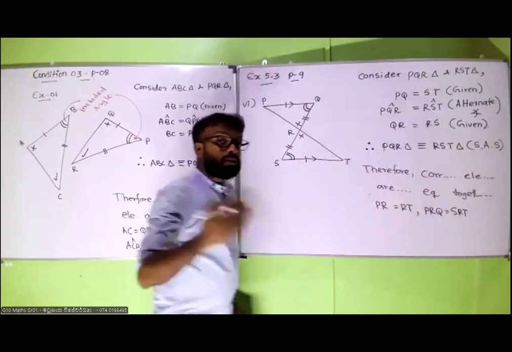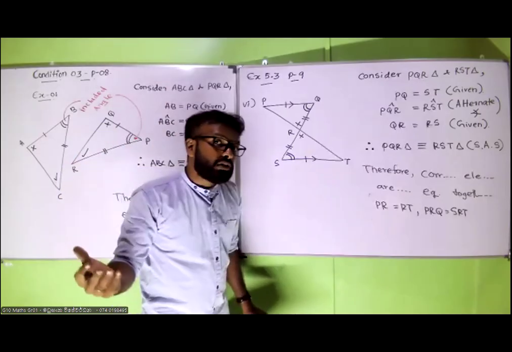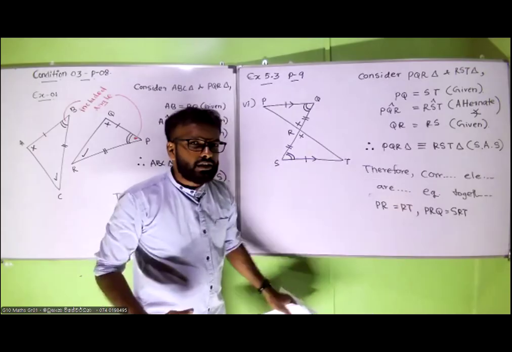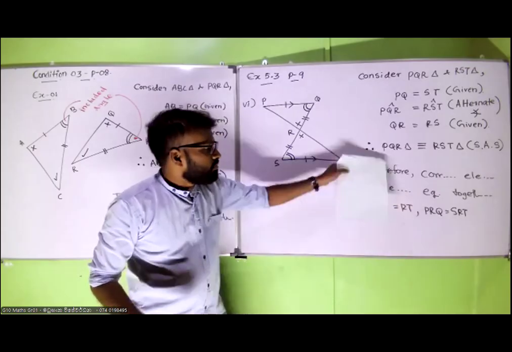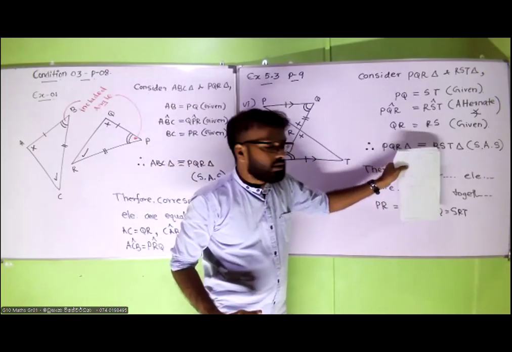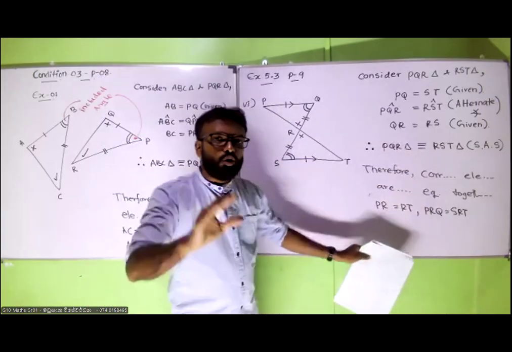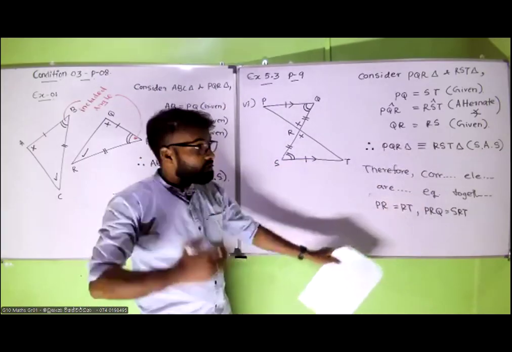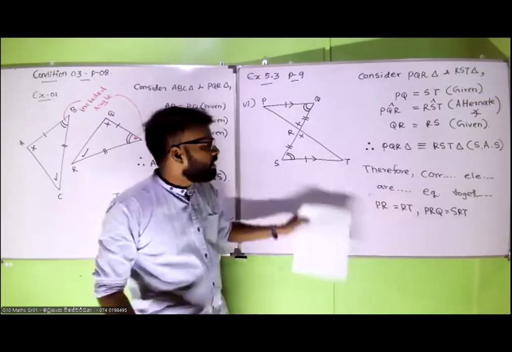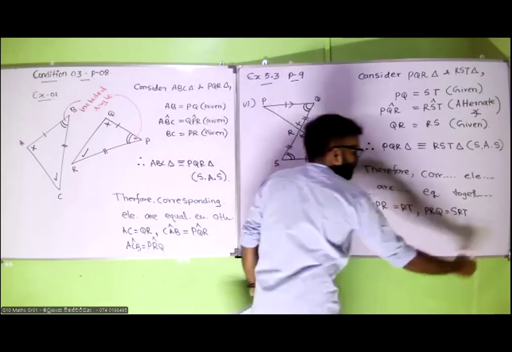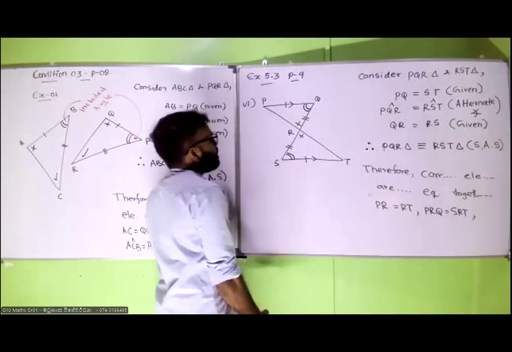Because the congruence happens. Or you can think about something else, vertically opposite angles. No need to provide the reason, because triangle PQR is already congruent to triangle RST. Vertically opposite angles are equal.